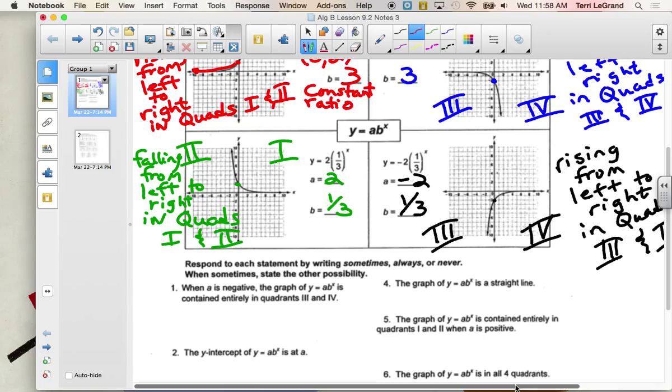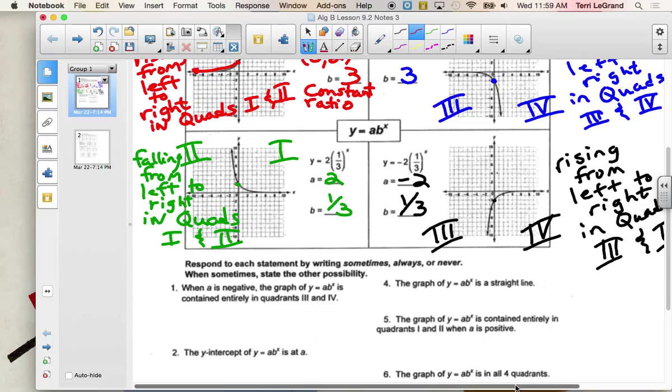Let's do 4 times 2/3. Remember, we've got to put them in parentheses. So 4 times, parenthesis, 2 divided by 3, parenthesis, raised to the x power. Press graph, and what do you get? You get the same behavior again, falling from left to right in quadrants 1 and 2.